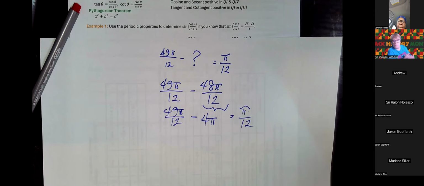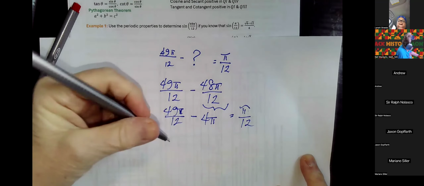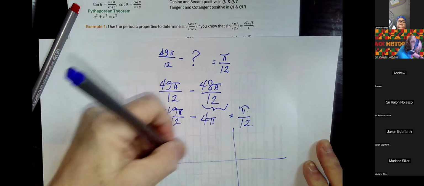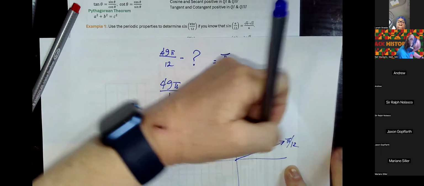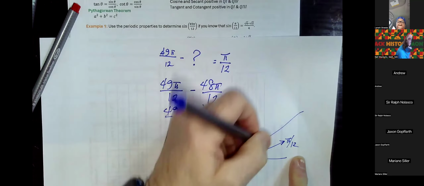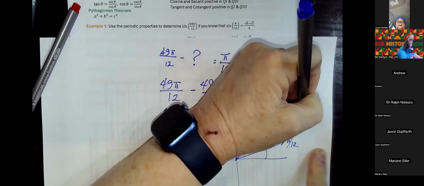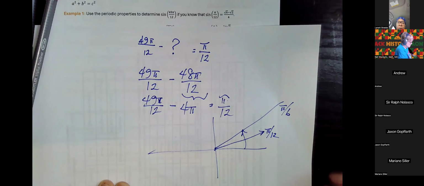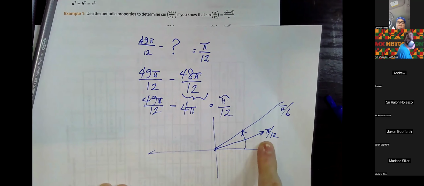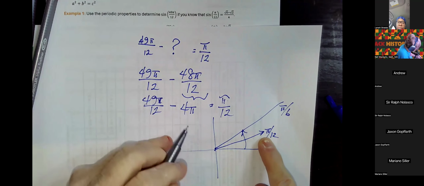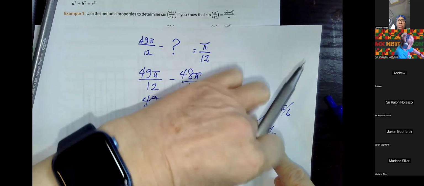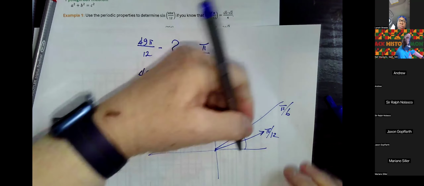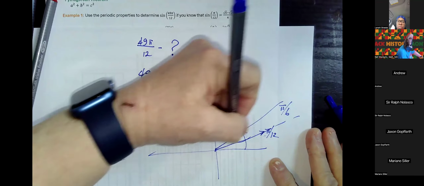That's right, because they're in the same position. Here's pi over 12. I just know where it is because pi over 6 is twice it. So we've got pi over 12 and 49 pi over 12. Well, we subtract 4 pi to get to pi over 12. That means that we're basically in exactly the same position.